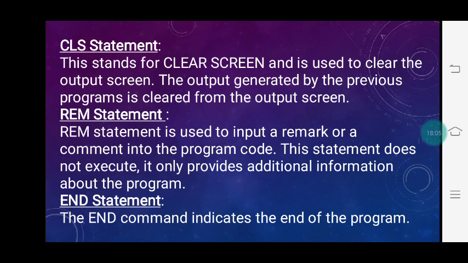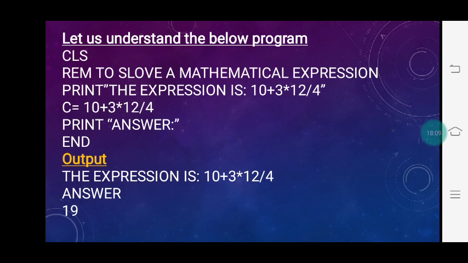Okay. So let us understand the commands by using one example. Every program starts with the CLS command. The CLS command is used to clear the output screen. The output generated by the previous program is cleared from the output screen by using the CLS command.